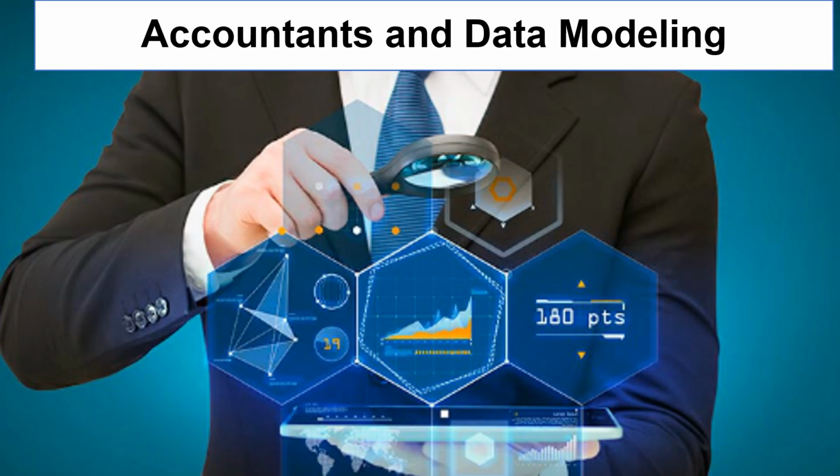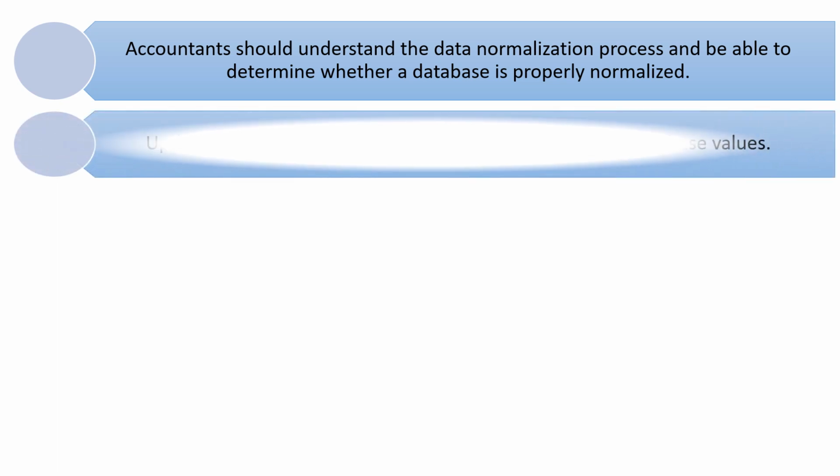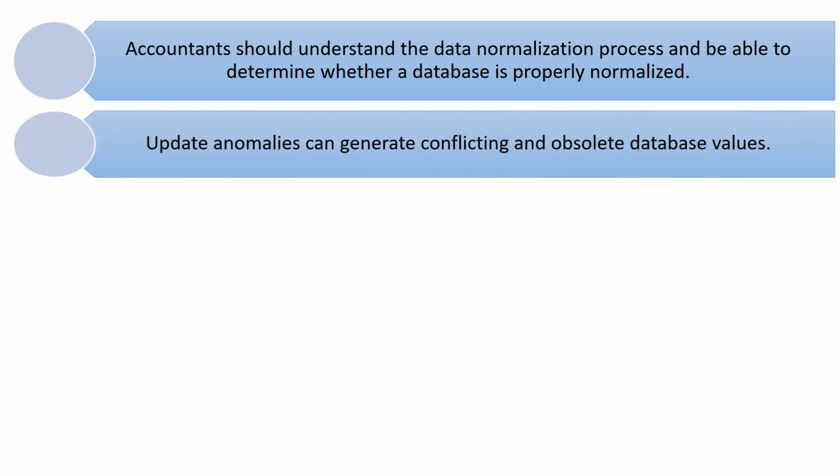Okay, now we will move to a new concept, talking about the accountant and database modeling. The accountant should understand the data normalization process and be able to determine whether a database is properly normalized, and also understand the anomaly issues. Update anomalies can generate conflicting and obsolete database values.